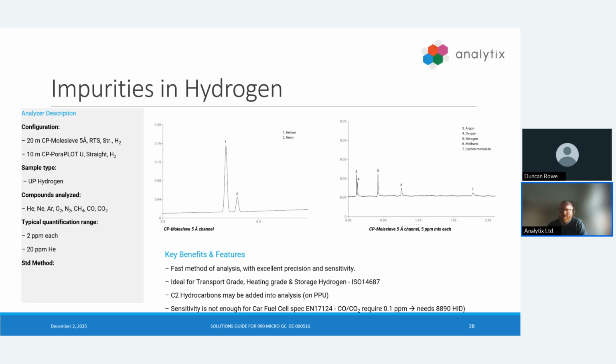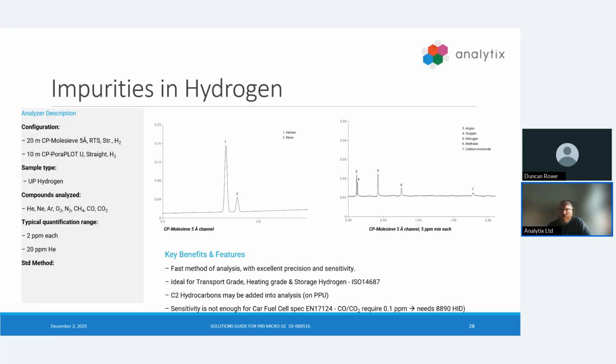Hydrogen has probably the highest thermal conductivity, so it's a really good fit as a carrier gas, and provides excellent sensitivity for these components we're looking to analyze. As well as its sensitivity, hydrogen as a carrier gas eliminates matrix effects in this application too, so you get a double benefit from using it as a carrier gas.